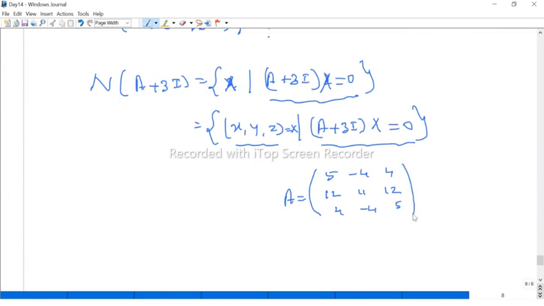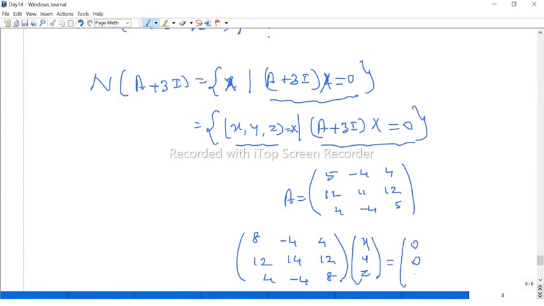Now what is A plus 3I? Directly writing: 8, minus 4, 4; 12, 14, 12; 4, minus 4, 8, into X, which is (x, y, z), equal to (0, 0, 0).